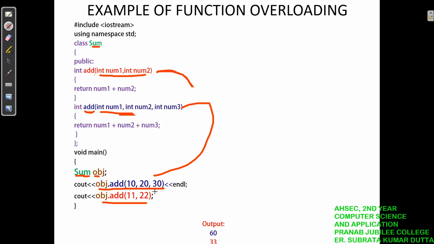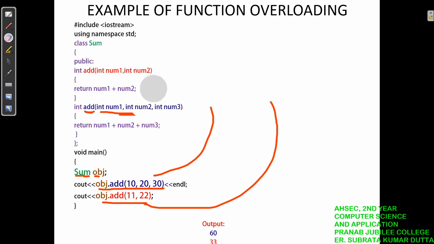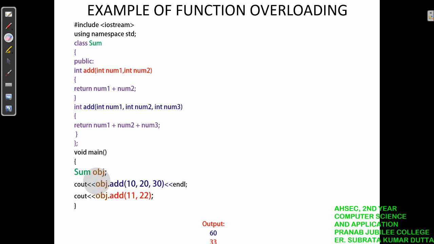And here two arguments are being passed, so it is referring to the first add function. Simple, right? That's why it is called function overloading. In function overloading, the names of the functions will be the same, but either the return type or the arguments must be different, or both can be different.